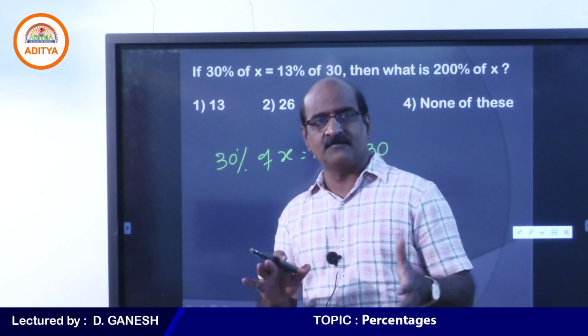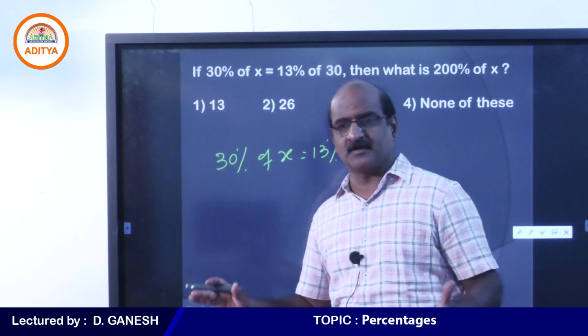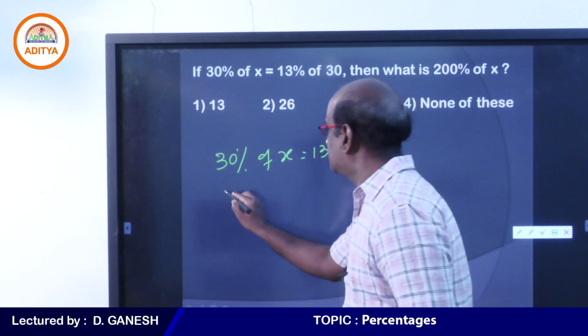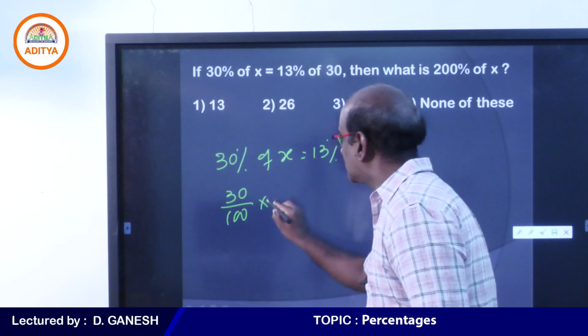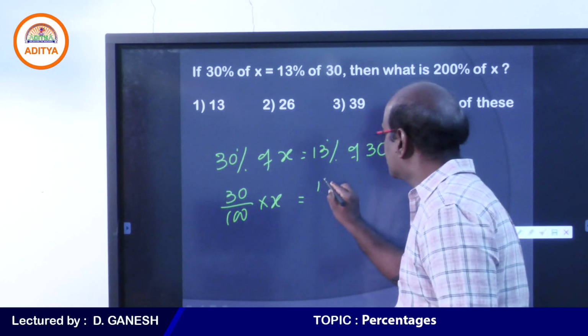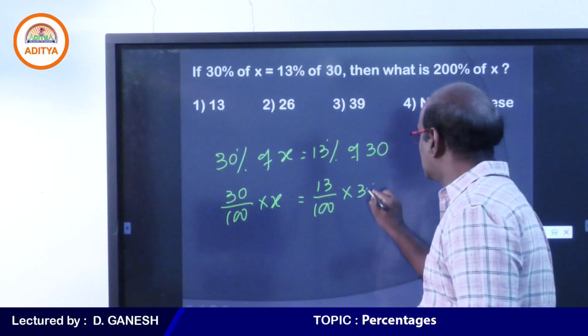If you find it difficult to get 13%, there is no such need. We can put the step and go straight away like this. 30% of X, 30 by 100 into X is equal to 13 by 100 into 30.